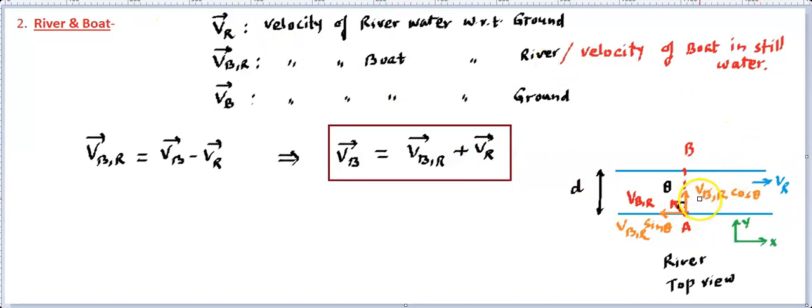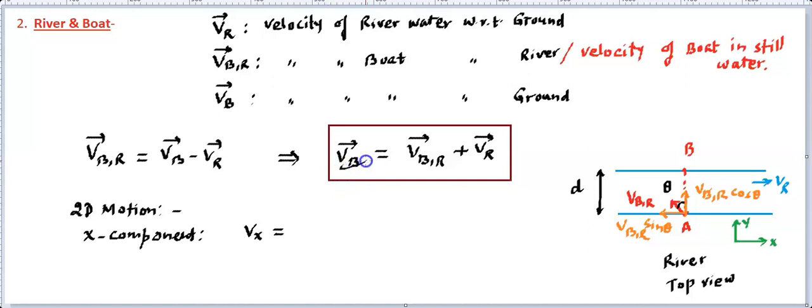Once we have made these components, we can use them to find the velocity of the boat, which is our purpose. This motion can be considered as a two-dimensional motion, and in this 2D motion we have components along the x direction and y direction. So if we work on the x component, we find the velocity in the x direction, the net velocity of the boat in the x direction.